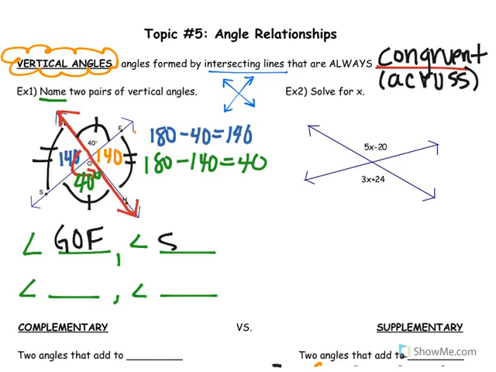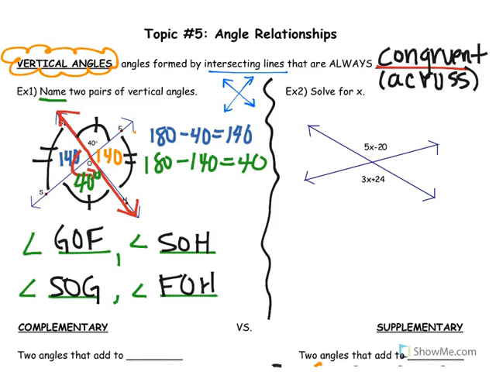Those are across from each other. So that's one pair of vertical angles. The other pair of vertical angles would be the other 2 that are next to each other. So SOG, that's the left side, and the angle that it's across from that would be FOH, this angle over here. Those are across from each other, and they are congruent.